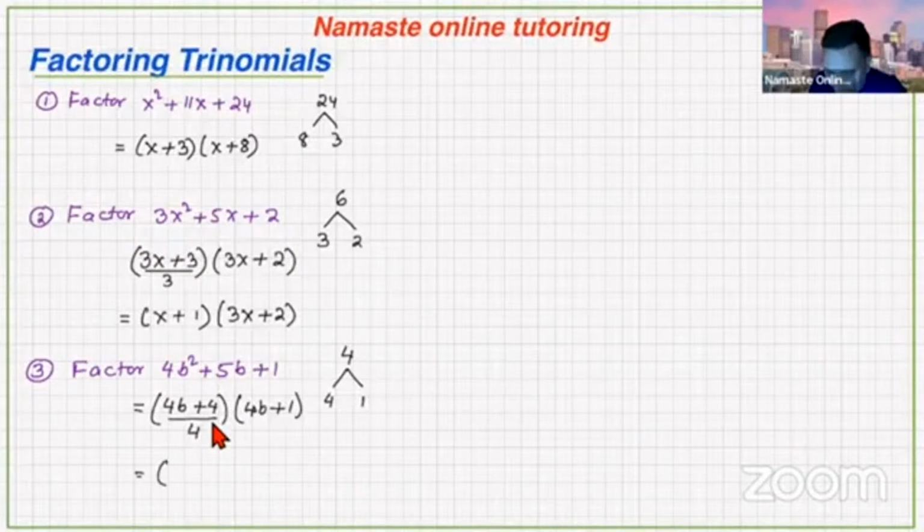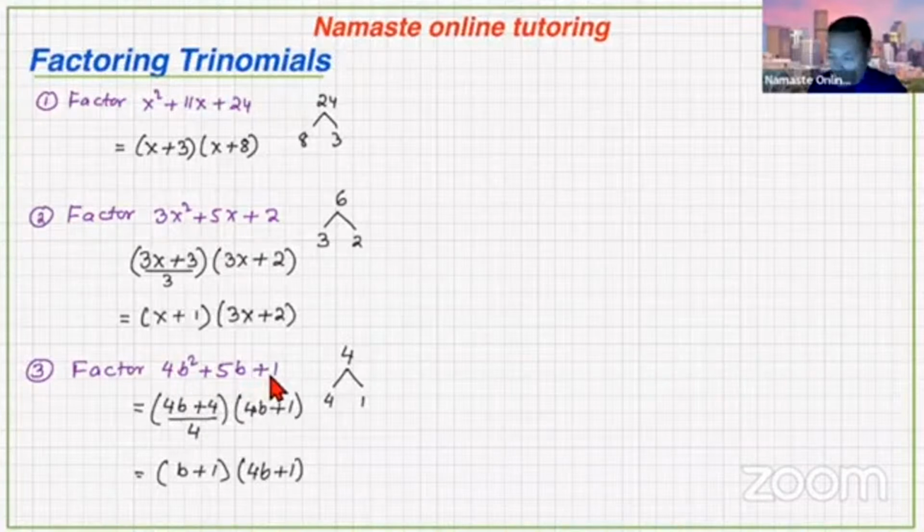So this is equal to b plus 1, because 4b divided by 4 is b, and 4 over 4 is 1, multiplied by 4b plus 1. So that is the factored form for this trinomial 4b squared plus 5b plus 1.